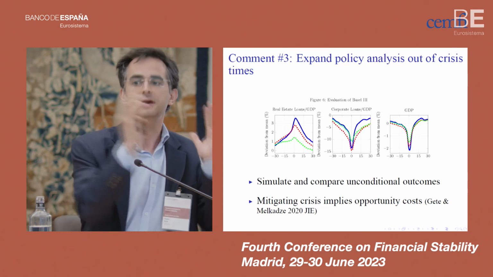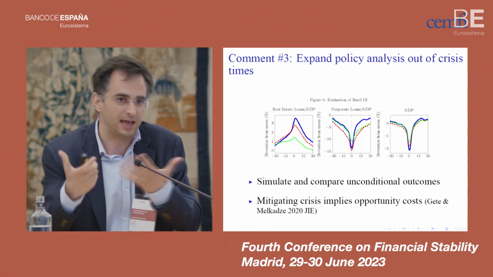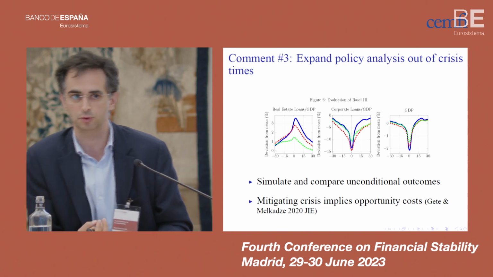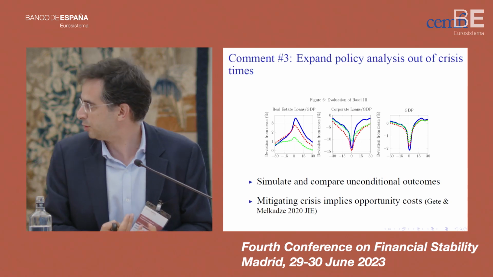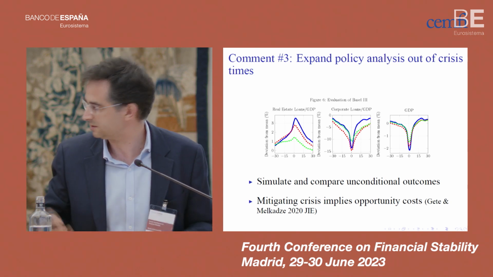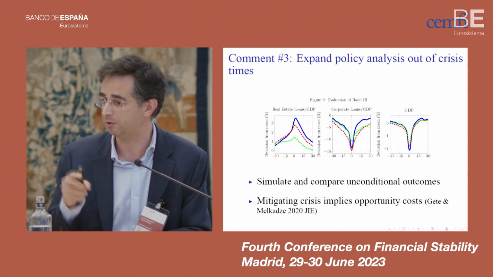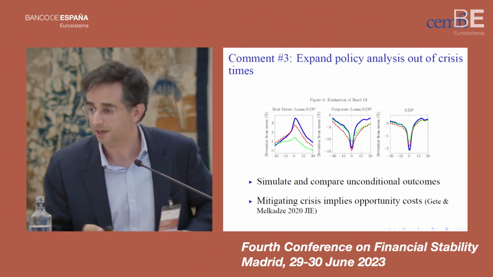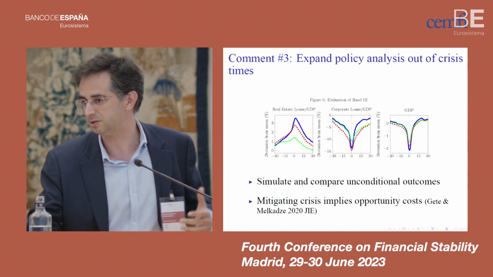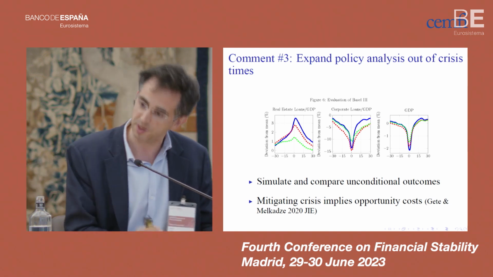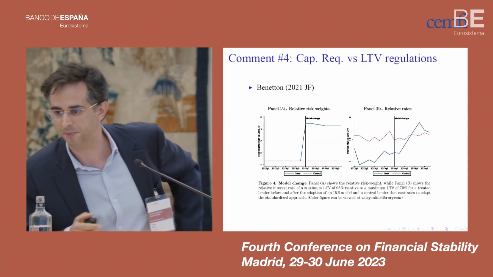We need to compare GDP, and maybe some crises are healthy in capitalist economies. I don't think it's good to minimize all the crises, because we know how to minimize crises. In some Soviet countries, they don't have so many crises, but there is a price on growth. I have a paper on this. So I would push much more to do this analysis of regulation out of banking crisis versus minimizing banking crisis. At least the focus on the paper.